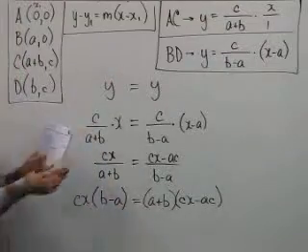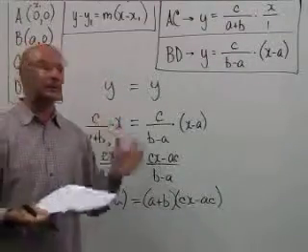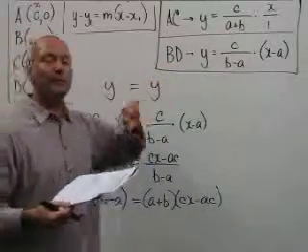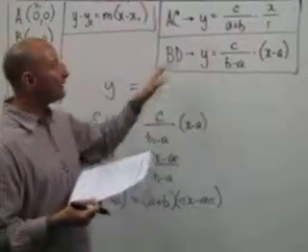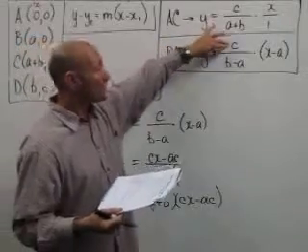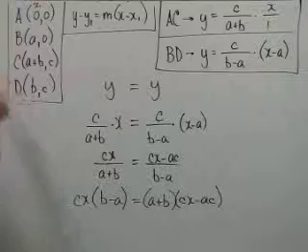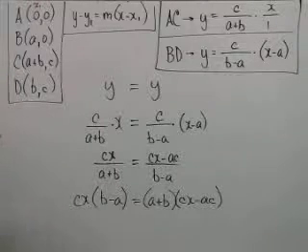Now BD, from the last video lesson, we found that the gradient of segment BD was C over B minus A. So we will use either point B or D, it doesn't matter which, they're both on the same line.